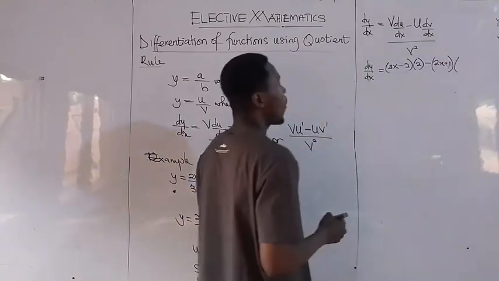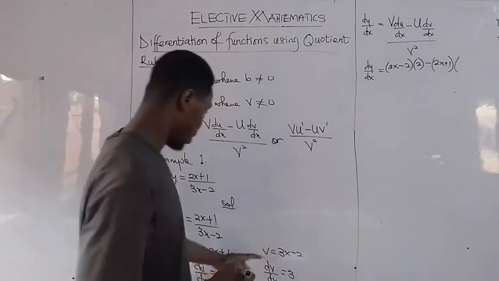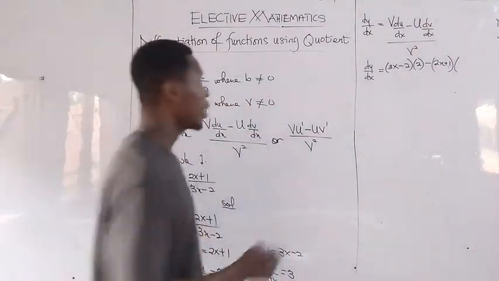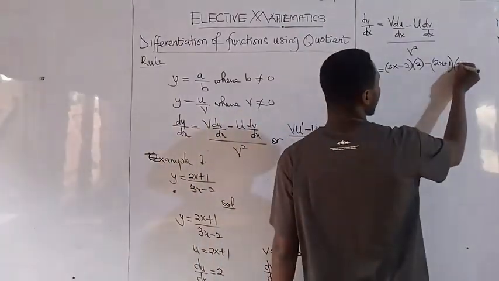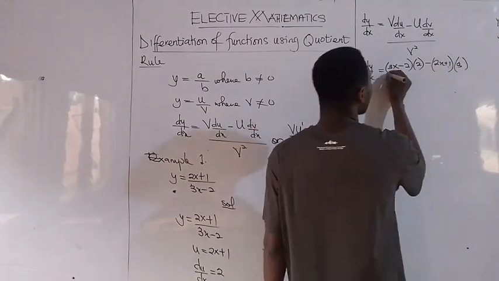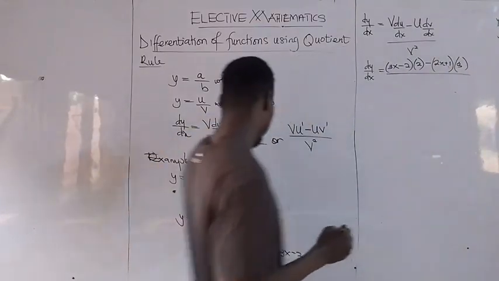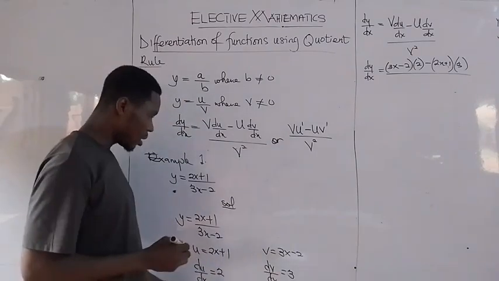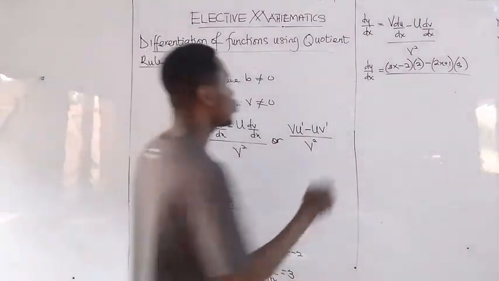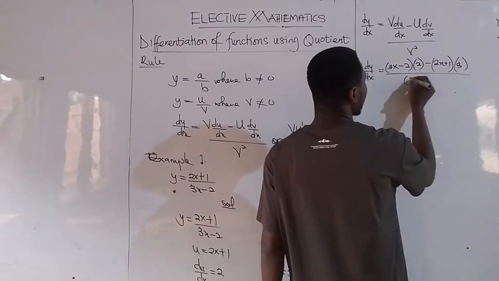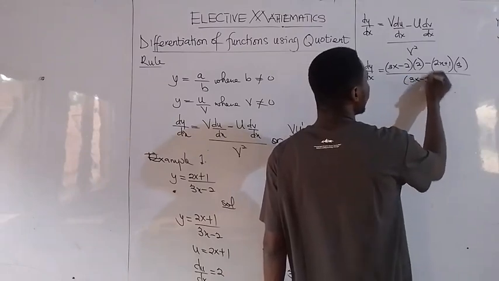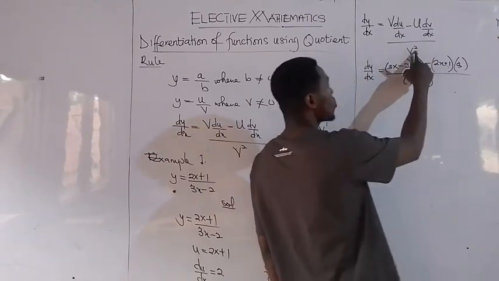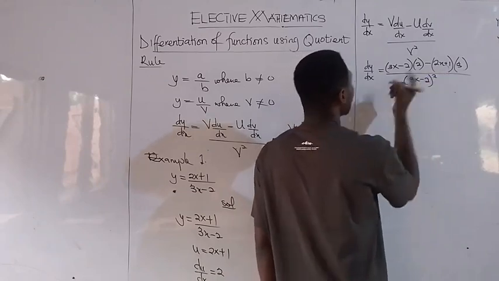Then our dv over dx is 3. So we put the 3 here. Then all divided by v. What is v? The value for v is 3x minus 2. You can see the v has been squared. So all squared.